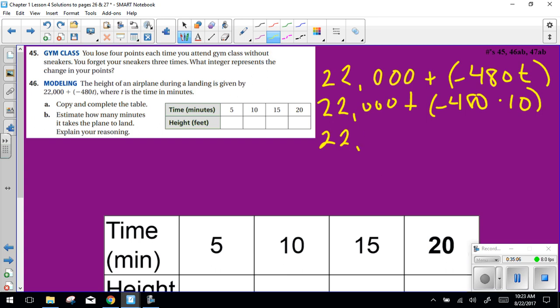So 22,000 plus, we're going to take 480 and times it by 10. So first thing, we know the answer is negative. What's 48 times 1? Hopefully you're saying 48, and then I'm going to add on 2 zeros.